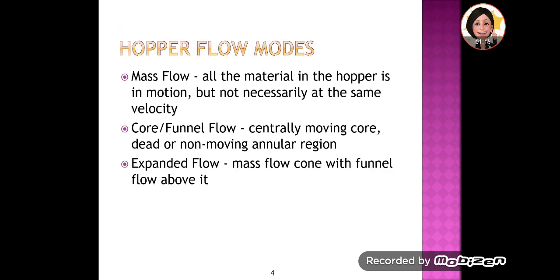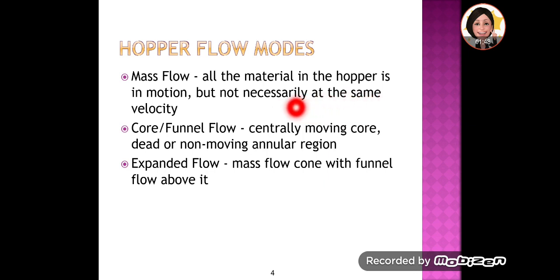First, let's look into the hopper flow modes that are available. The main hopper flow modes that have been identified are mass flow and core or funnel flow. In mass flow, all the materials in the hopper are in motion. When we open the discharge orifice, all the materials will start to move, but not necessarily at the same velocity.